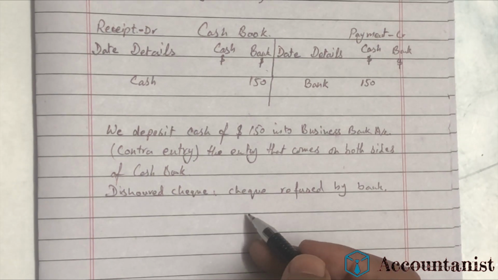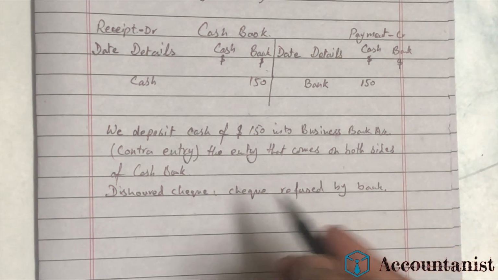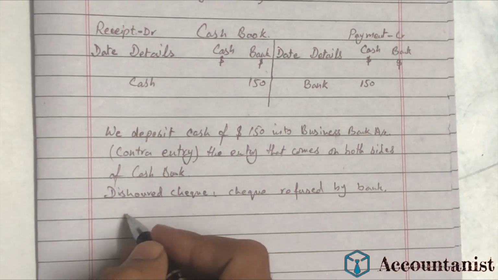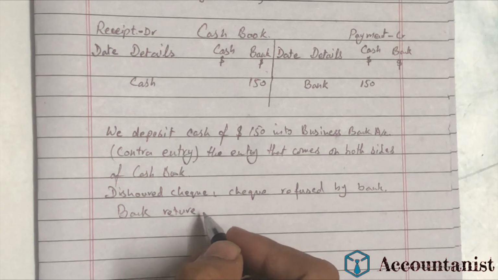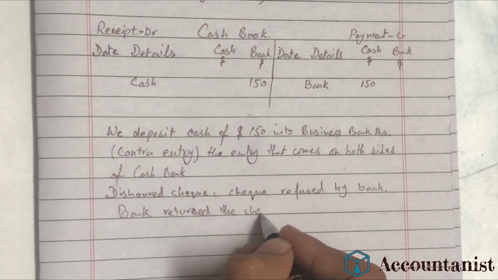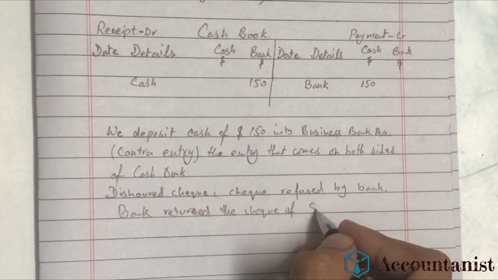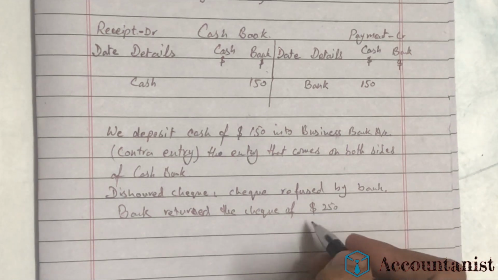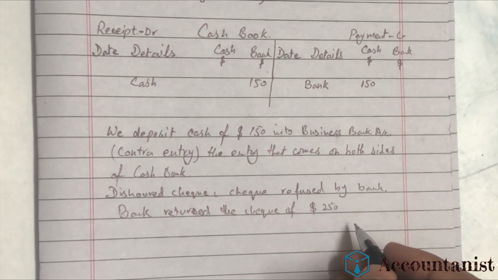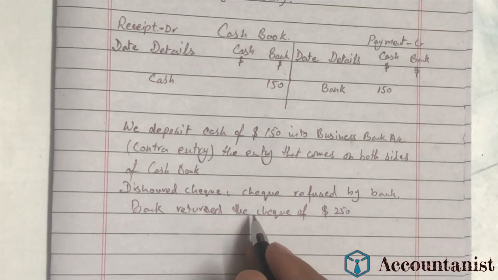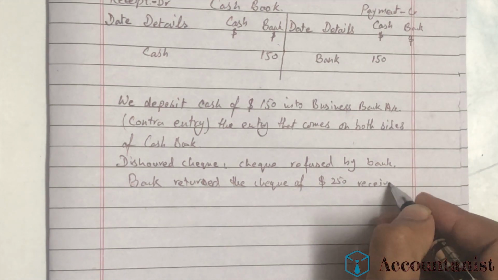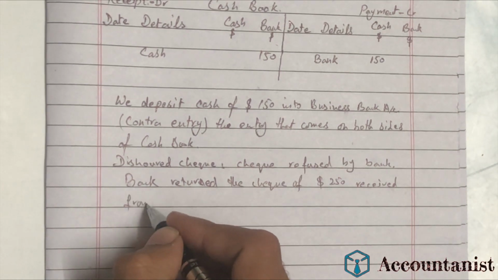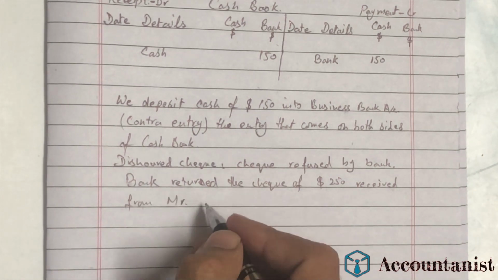So in this scenario, let's suppose there is an entry that the bank returned the check of $250 received from Mr. A earlier.